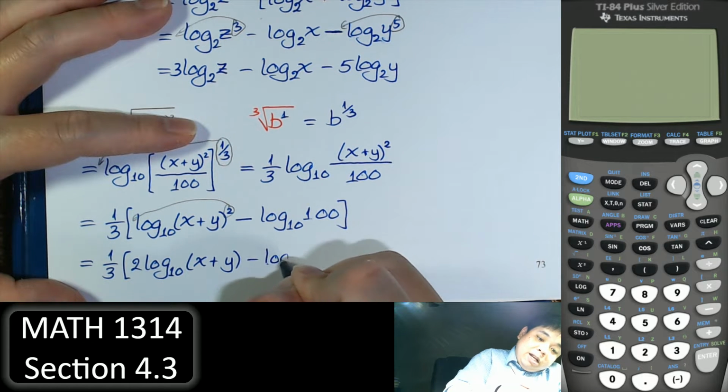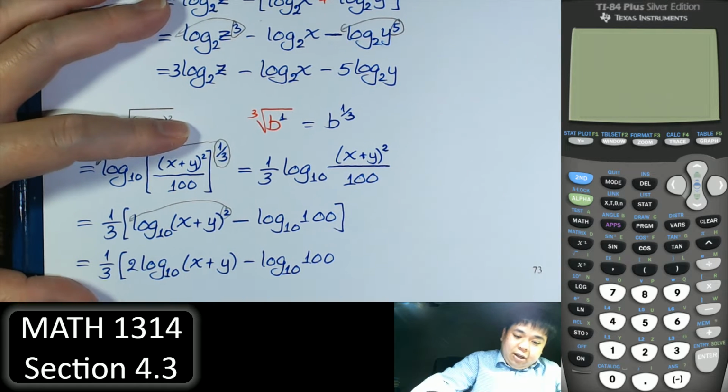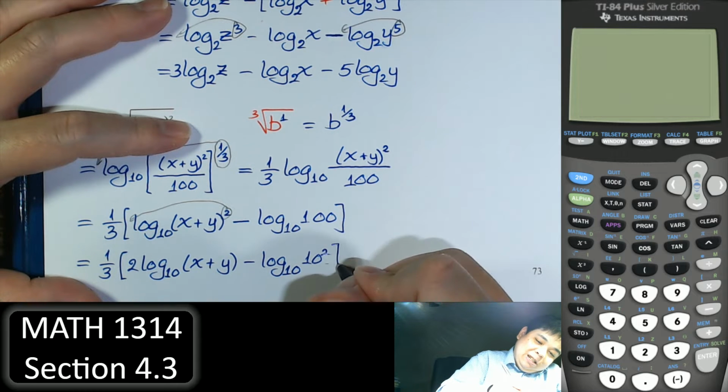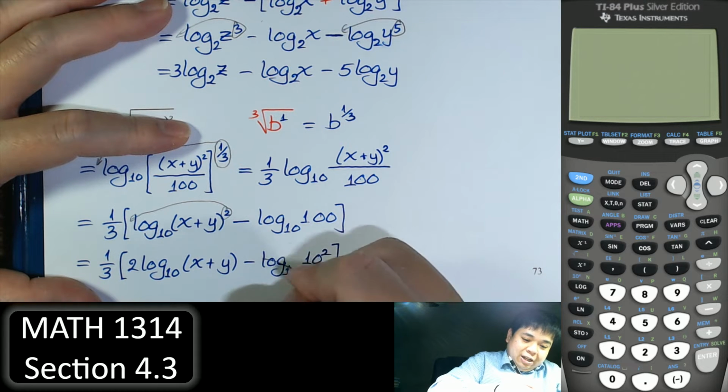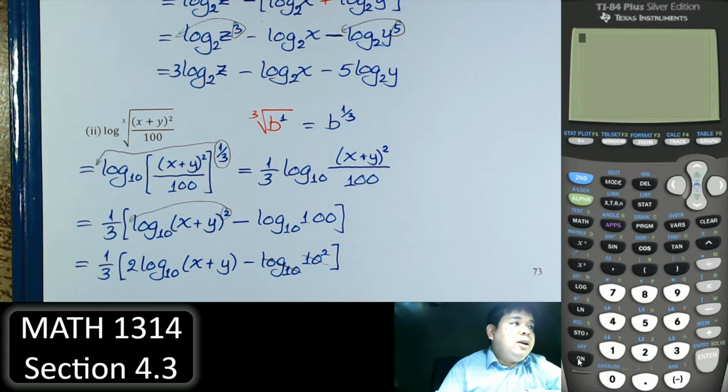And the log base 10 of 100. 100 is 10 squared. So base 10 and base 10 cancel out, just 2. By the way, on the calculator, I didn't show this in the previous section because I want to just rely on the properties.